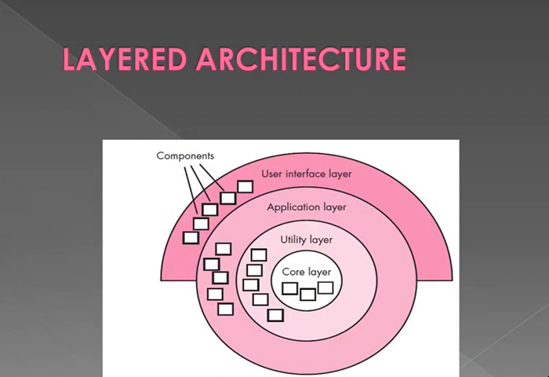Right, and the utility layer is useful to provide a little different kind of services. Coming to the topmost layer, that is the user interface layer, the layer where the user can interact. Any input given through the user interface layer will be handled by the application layer.